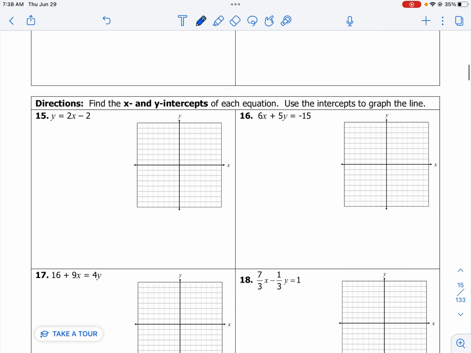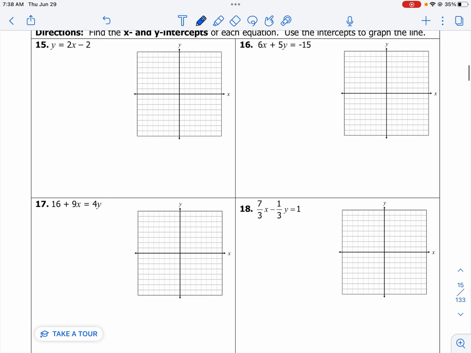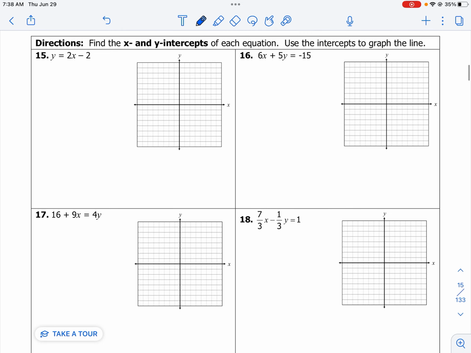All right, what I assigned for homework was the rest of this page, and it's finding the x and y intercepts. So I think I took 18, maybe because it looked a little tricky with fractions. And again, I'm solving for y, so in order to get rid of that 1/3, I decided to multiply everybody by 3. So I took 7/3 x minus 1/3 y equals 1.